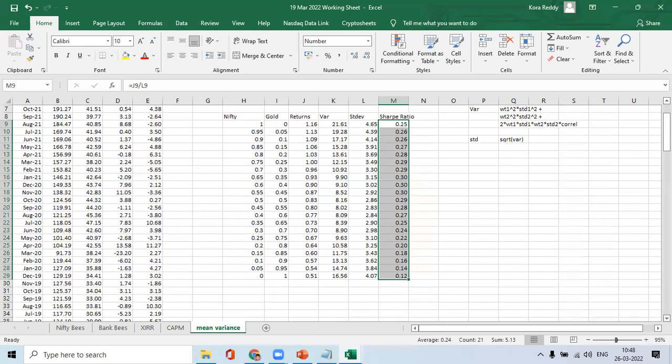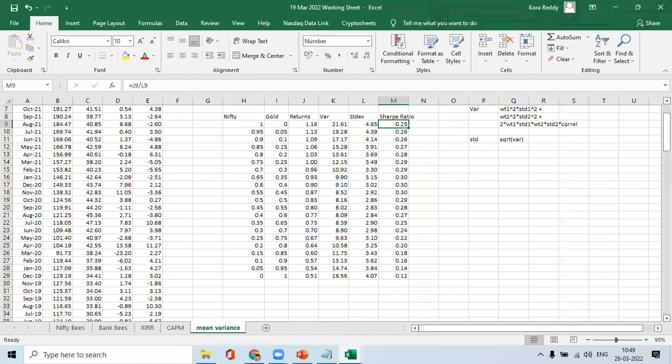So we have calculated the ratio, right? We calculated the variance first. This is a bigger formula which we have simplified, or we have written the step-by-step instructions on how to do it. And then standard deviation is nothing but a square root of that. And your Sharpe ratio is the average returns divided by risk, which is standard deviation.